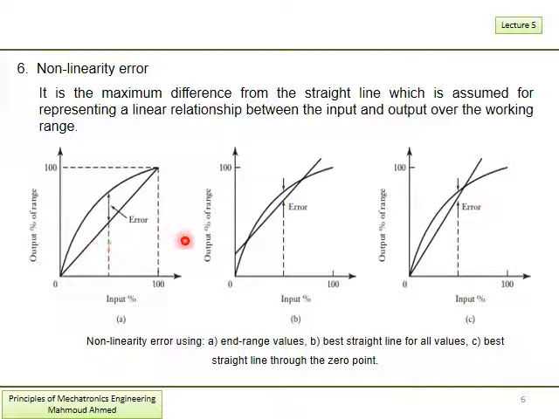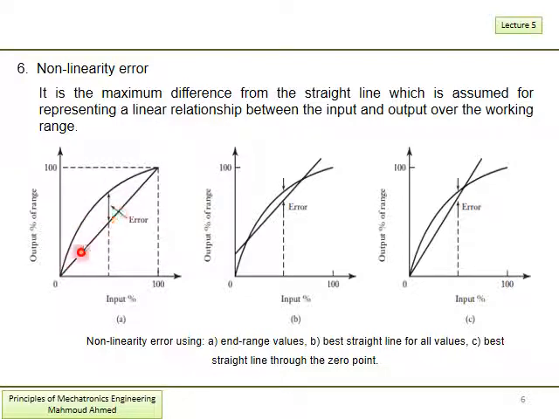We have different methods to express the linear relationship that corresponds to this nonlinearity. For example, here end range values: we simply connect the first value with the end value of this nonlinear curve.